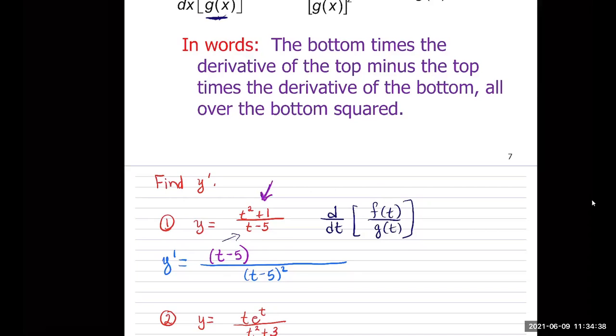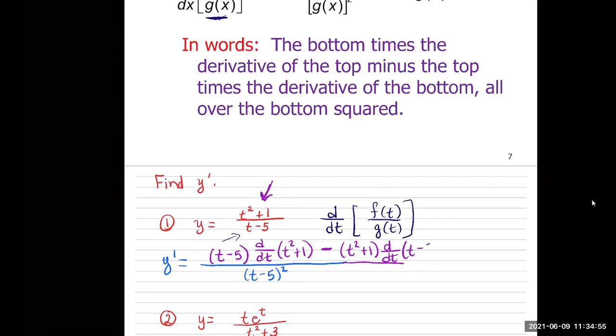For this one, I'm going to put in this extra step here so if you look at it later, you can remember what we did in class. That's the bottom times the derivative of the top minus the top times the derivative of the bottom.